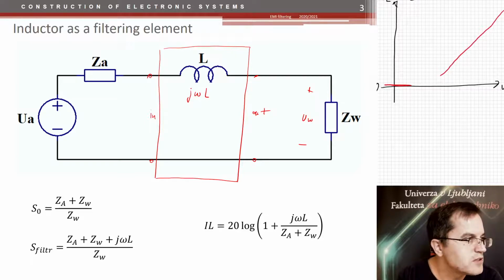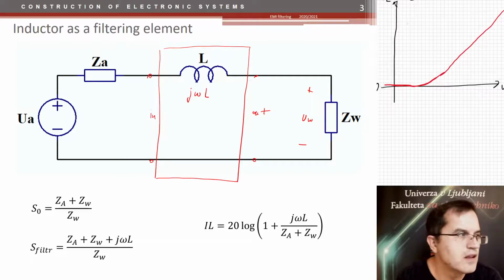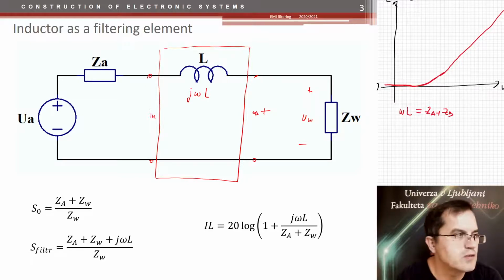But there is a so-called corner frequency. What is that? The corner frequency is when ωL equals ZA plus ZB. Then the term here is 1 plus j1, which would give you the square root of 2.